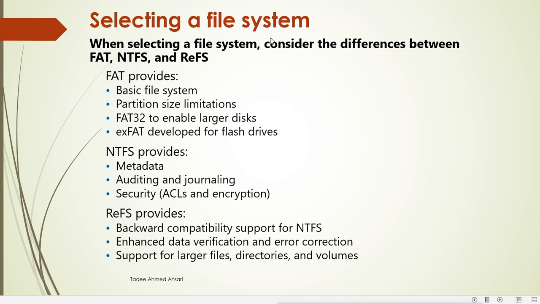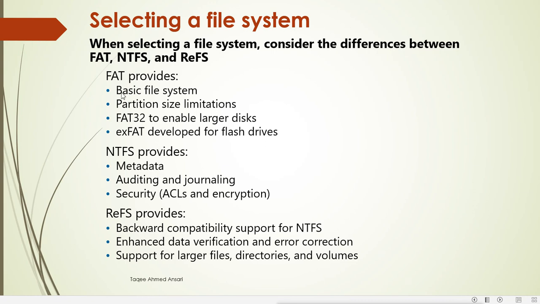Now Windows is using what? NTFS. So Windows is using NTFS, and also now Windows is introducing ReFS. So we have three options for Windows: we have FAT, we have NTFS, and also we have ReFS. And there are small differences between these three.